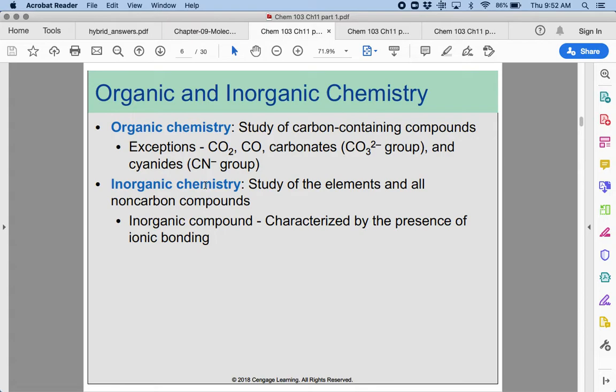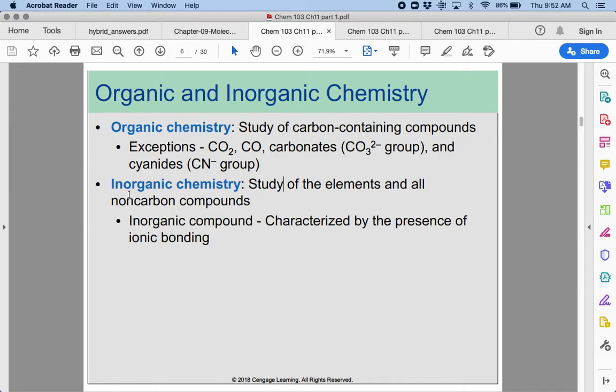Oftentimes the O and the N are really electronegative. They behave a little more ionically, things like that. They don't really behave like organic compounds behave. And so these are our exceptions. So I know it's frustrating for people to have exceptions, but we do have a few of them. Everything else that contains a carbon, though, we're going to say is organic chemistry.